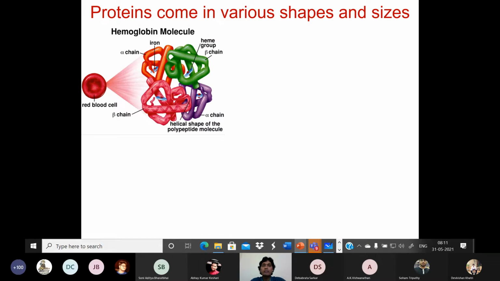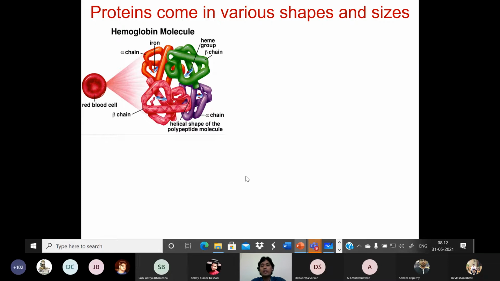As I told you at the beginning, proteins come in various shapes and sizes, right? Here you can see this is hemoglobin. All of you know what hemoglobin is. Hemoglobin carries oxygen in our body. And all of you know where hemoglobin stays. Hemoglobin is present in red blood cells.